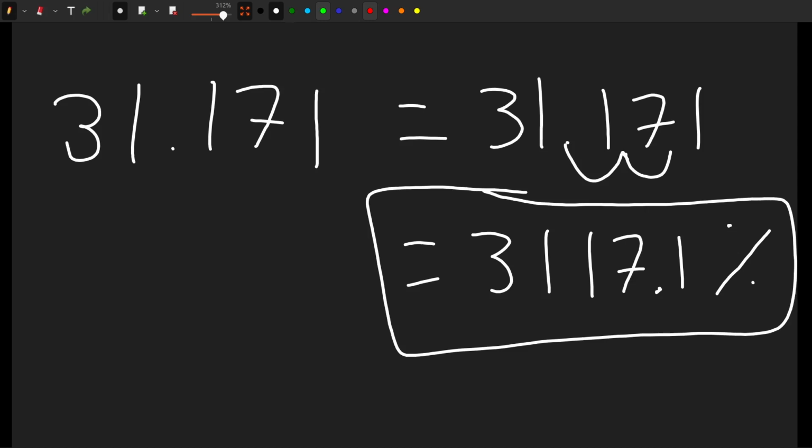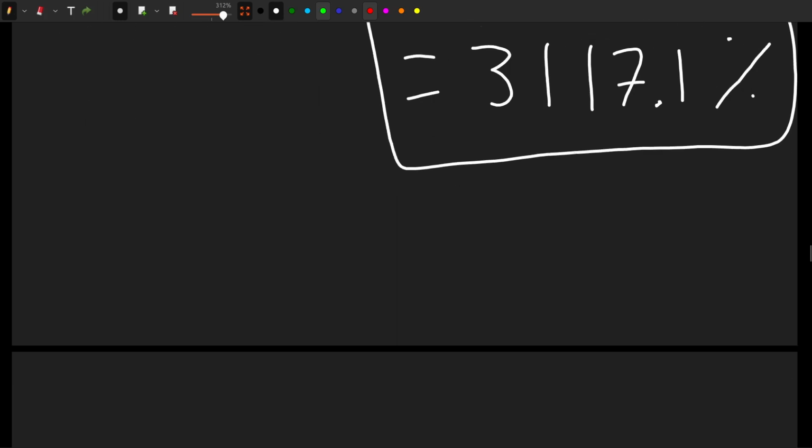Okay. So now that we've converted fractions to percents, and we've converted decimals to percents, now let's work the other way around. We're going to take some percentages and convert them to decimals first. To do this, it's, again, I think pretty straightforward.